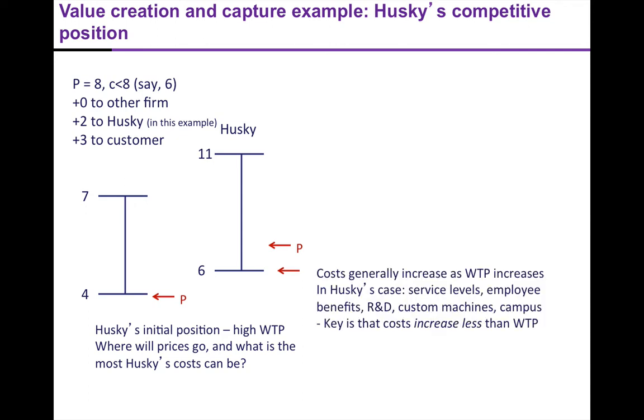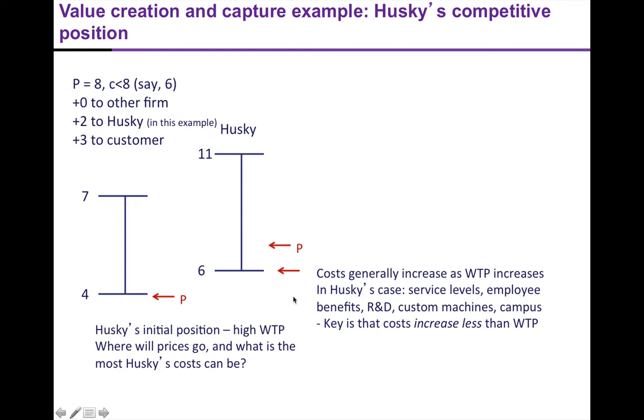Okay, now cost generally increases as willingness to pay increases. So it's unlikely that Husky's cost will be 4 unless they're just generally better than everybody else. But as long as they're less than 8, then Husky's in good shape. So where are these costs coming from? Let's think about Husky again.